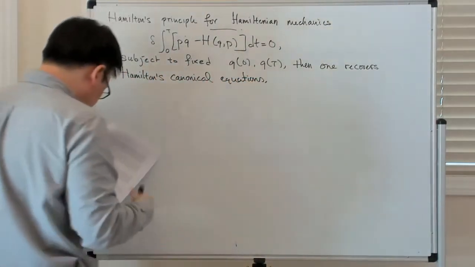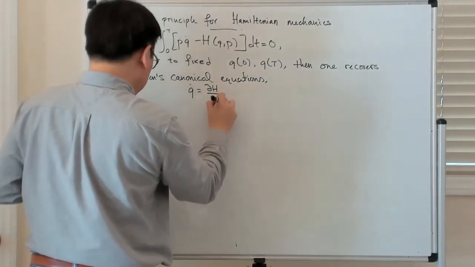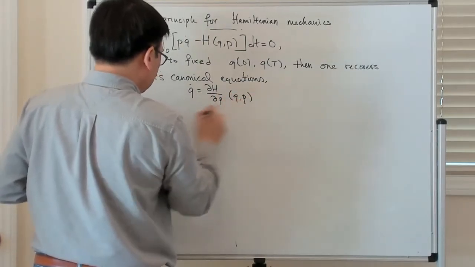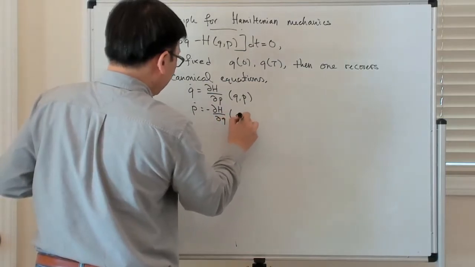Okay, so you just get Hamilton's equations, which say that q dot is equal to dH/dp, and then p dot is equal to minus dH/dq.